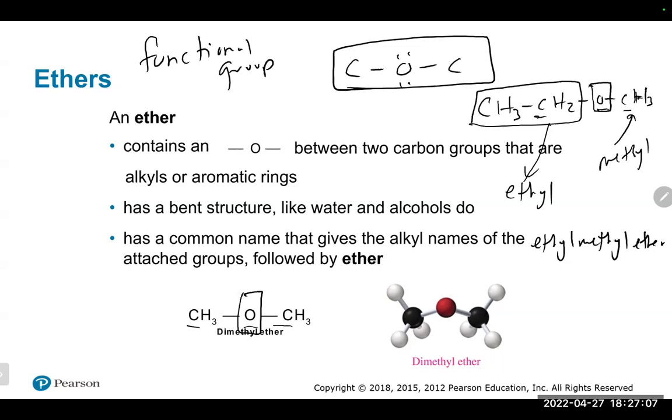Again, basically just locate that oxygen. Left and right should have a group, and you'll name those guys as groups, and then give the name. The IUPAC way of naming is you take the longest carbon chain, so we'll just do this one, and that's the base of your name. So that's ethane, and the group gets oxy at the end of it.